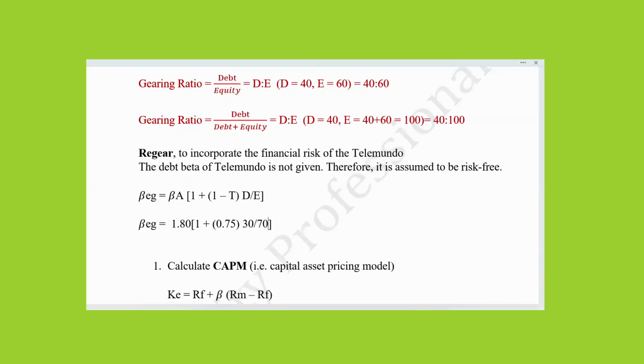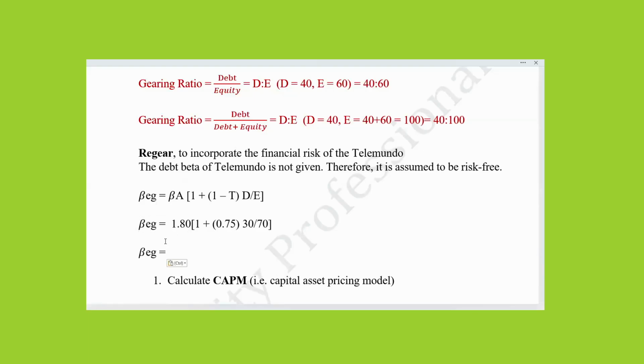But in my own case, since the examiner did not define it, I'm using debt over equity. So what do you have in your calculator? 30 over 70 equal multiplied by 0.75 equal plus 1 equal multiplied by 1.8. What do you get?